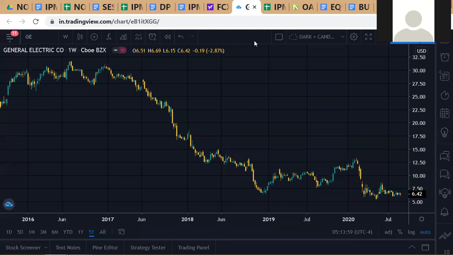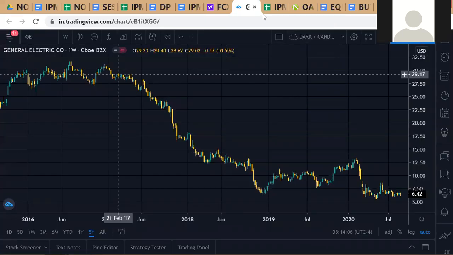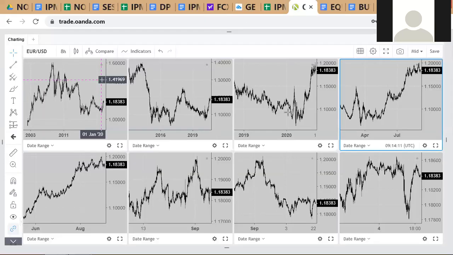All we are trying to say is, fractal property means you can take the same cyclical pattern, meaning uptrend, downtrend, or downtrend, uptrend, and apply it at multiple levels. This kind of sawtooth pattern you can take at any level and see it happening. The same thing you see happening on the larger scale, down, up, down, up, down, up, down.